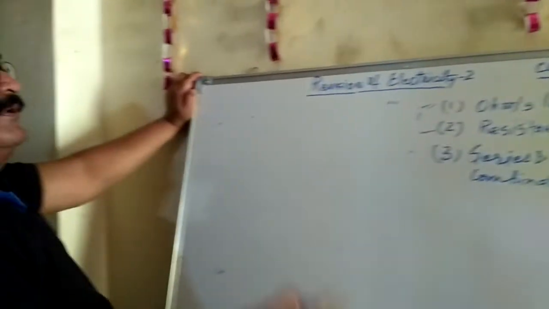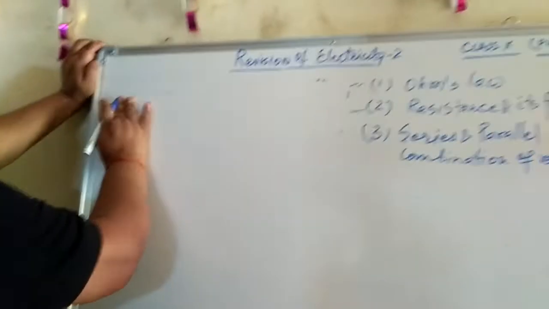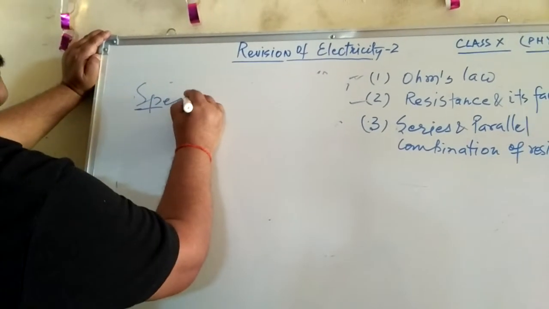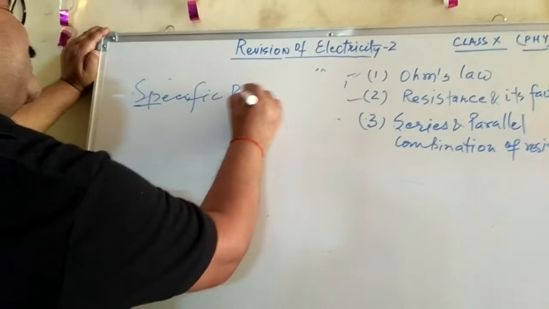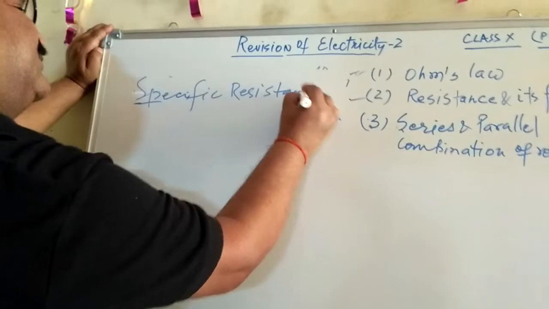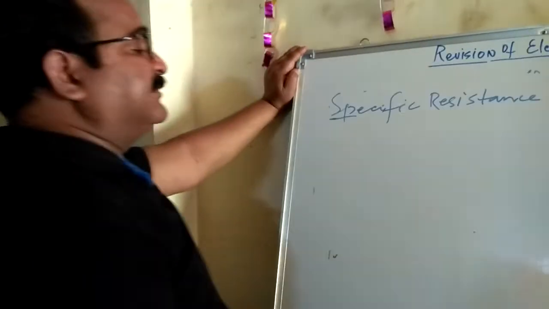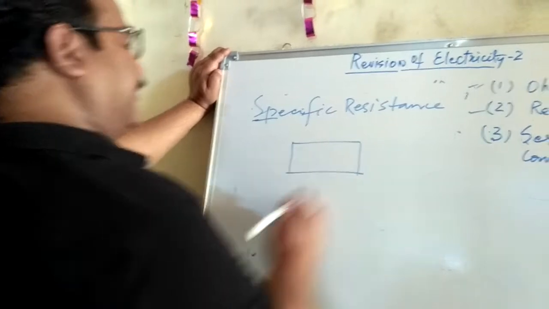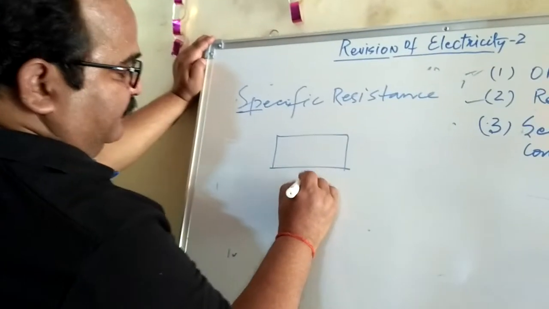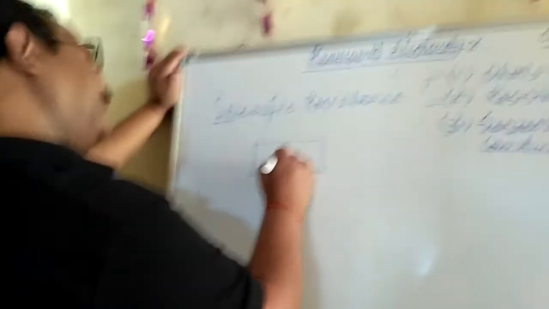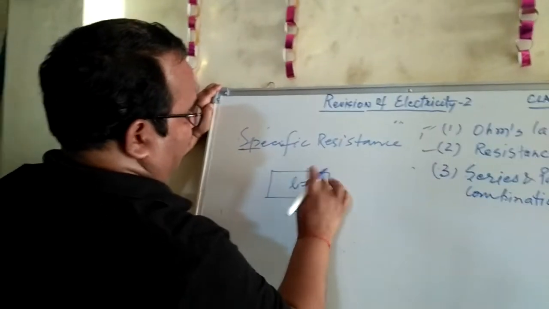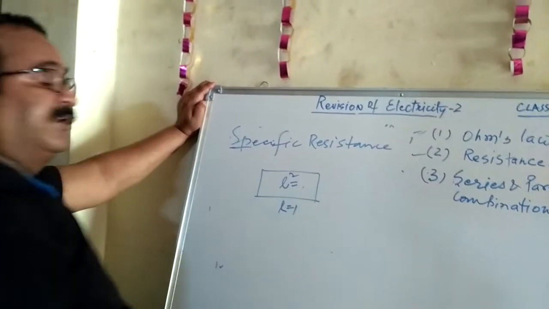Now one thing here, when we discuss resistance, a special type of resistance is called specific resistance. It is also a resistance, but its dimensions are fixed. Here, this is a conductor whose length is unit length and whose area is unit square meter.